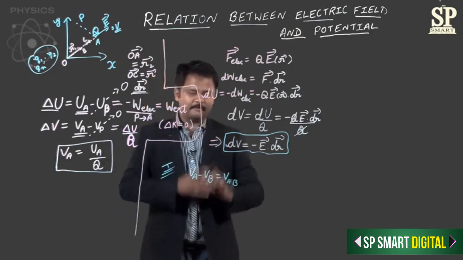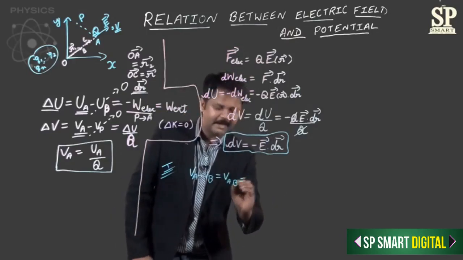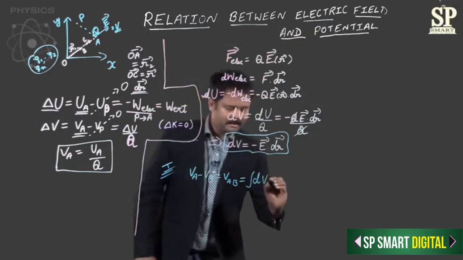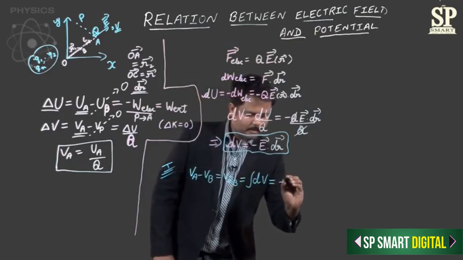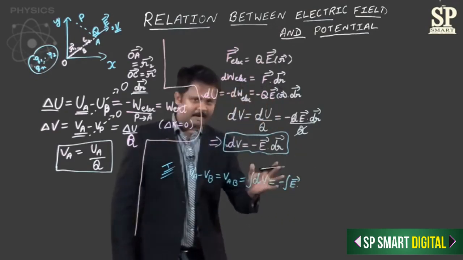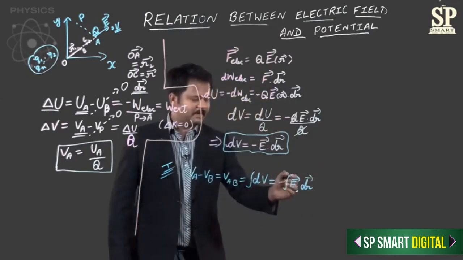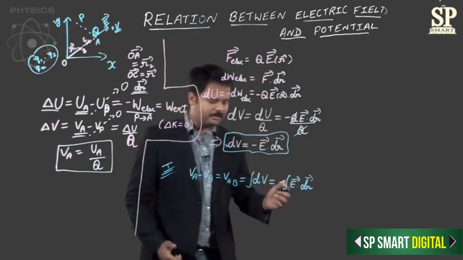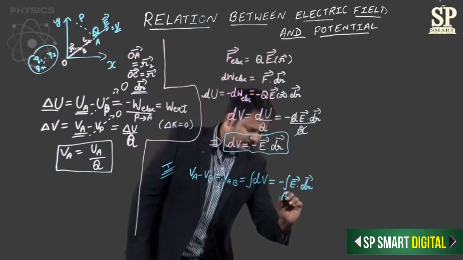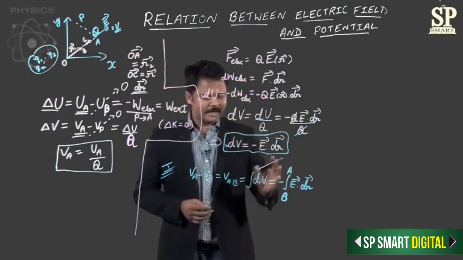The potential difference between points A and B should be the integration of dV, and the integration of dV is simply minus E dot dr. E is also a function of R, I'm ignoring that here because the notation is simpler, but remember that it is in fact E of R. Here we can put limits: it started moving from point B, so the lower limit will be point B, and the final limit is point A.